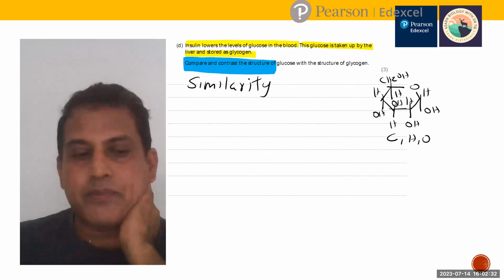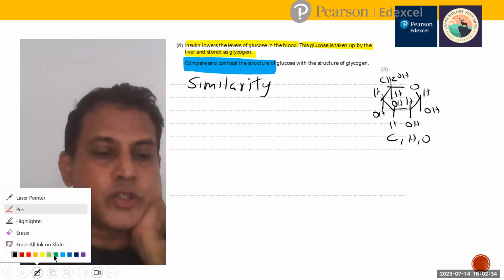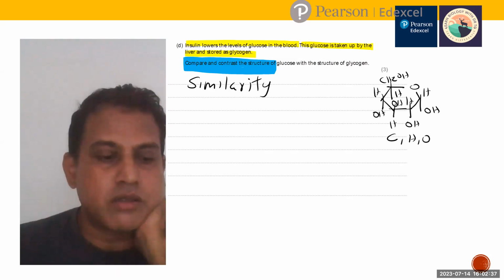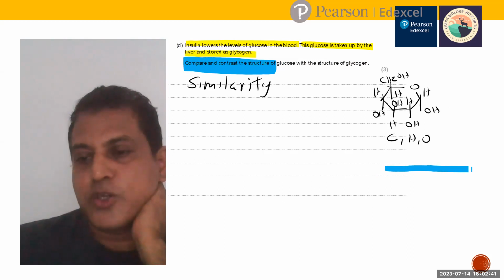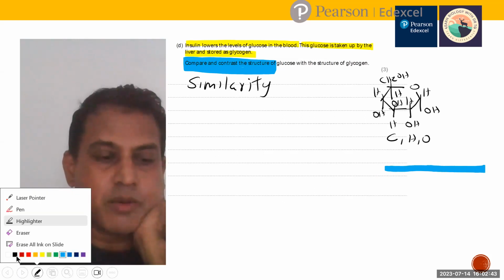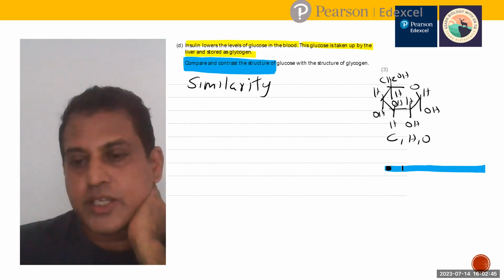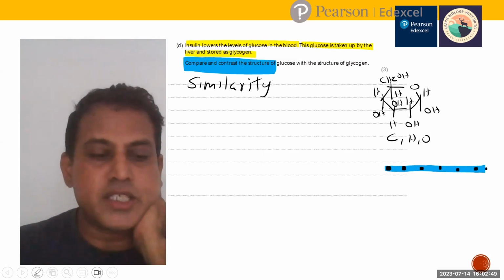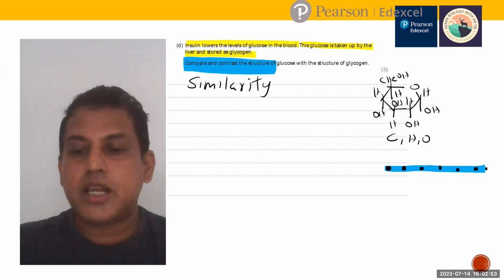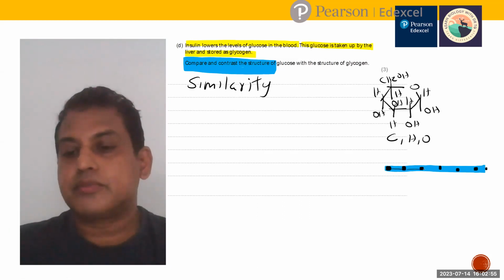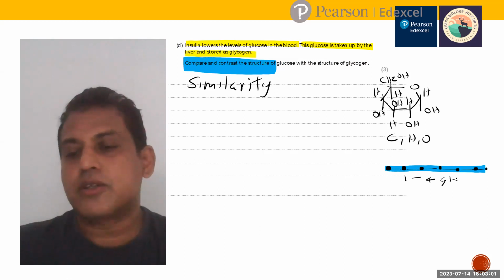For example, if I try to show you a chain like this, this chain consists of many glucose molecules. For example, this is a glucose molecule, this is a glucose, like this, many glucose molecules. And between these two glucose molecules, we can find a glycosidic bond. So this glycosidic bond is a 1,4 glycosidic bond.